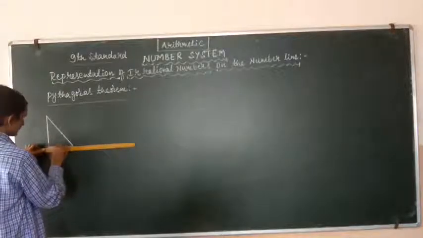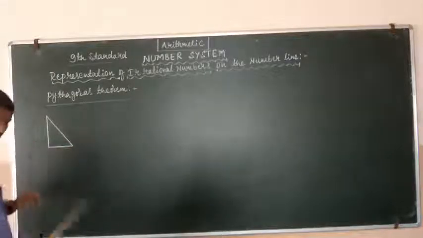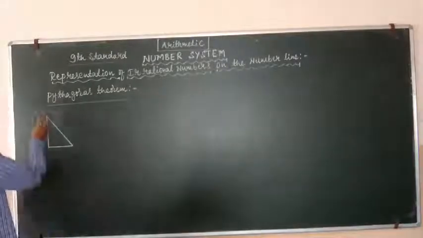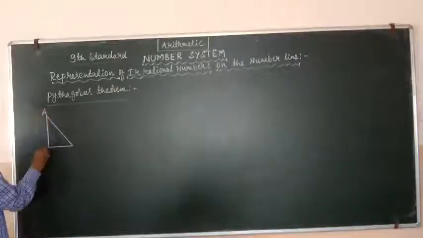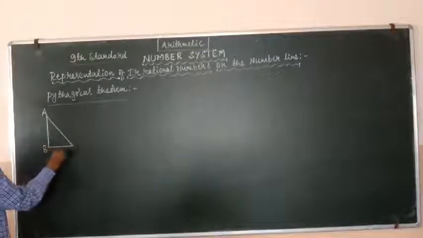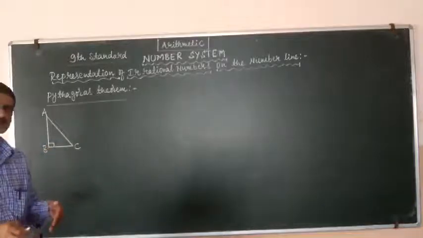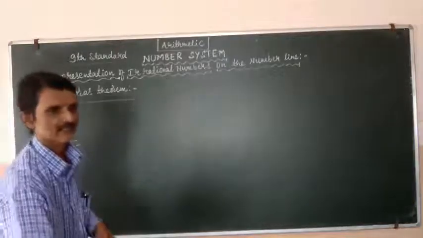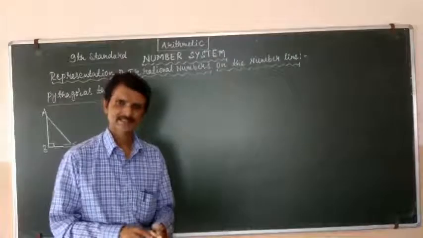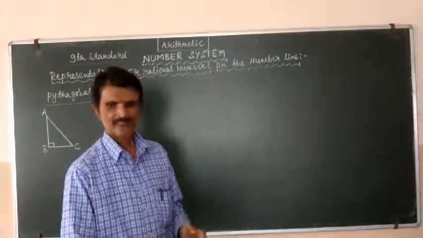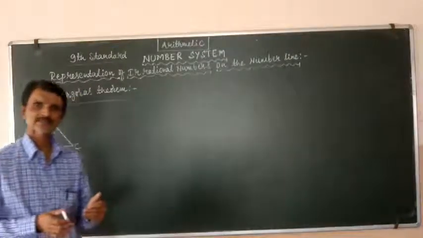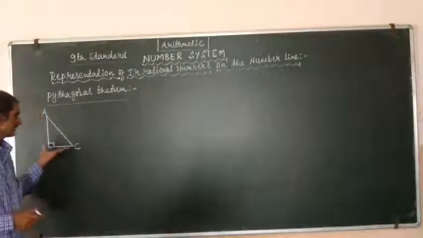So here in the figure, ABC is a right angle triangle in which angle B is equal to 90 degrees.